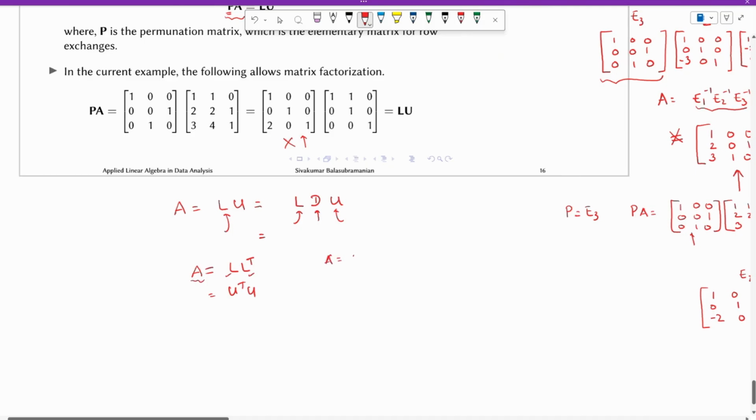If A equals A transpose, and if A equals LU, A transpose will be LU transpose. What is the transpose of the product of two matrices? This is equal to LU. Okay? That means L must be U transpose. Sorry. And U must be L transpose.